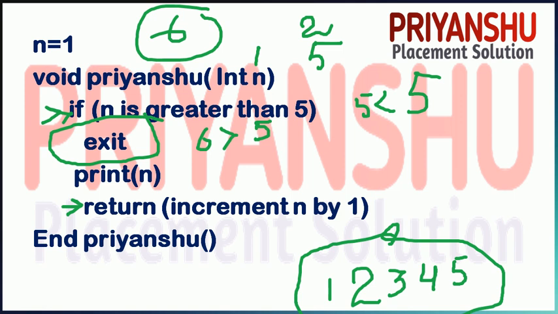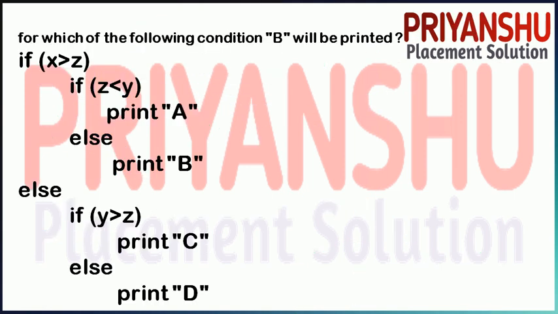Okay friends, let's move on to the next question. The next question is based on conditions, friends. The question is: for which of the following conditions will B be printed? So friends, you need to tell which condition we need to implement in this program so that the value of B is printed.